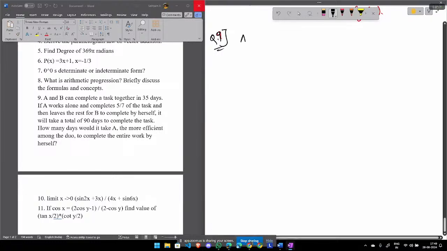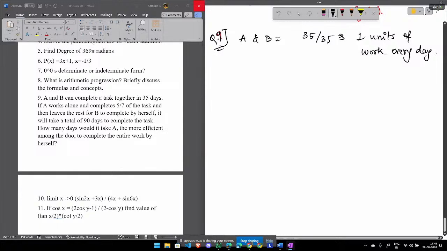Okay. If A and B work together, they'll take 35 days. Let's take the total work in terms of units, which is 1 unit of work every day which they are doing.